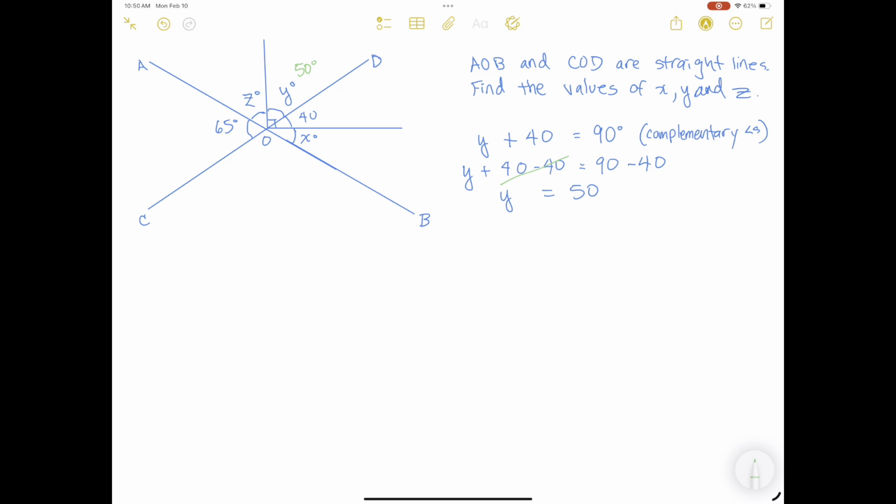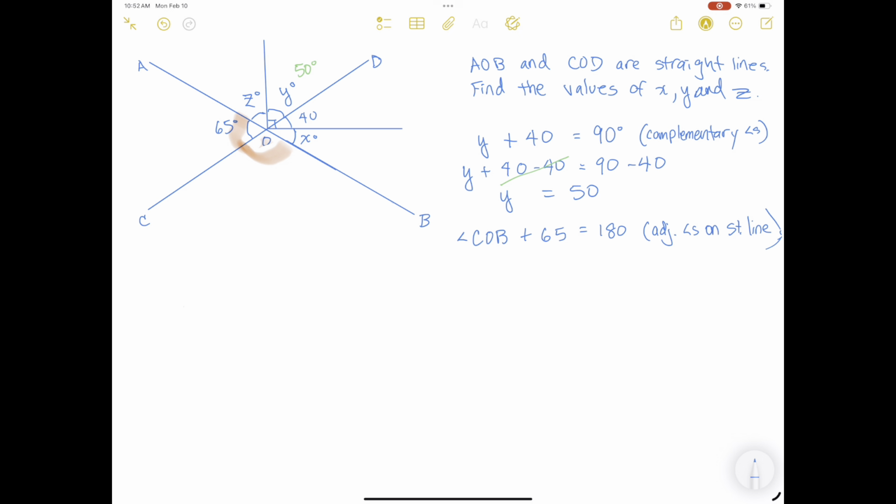Next, I notice that angle COA, which is given as 65 degrees, and angle COB are adjacent angles on a straight line, which means that angle COB plus 65 equals 180, because the sum of the adjacent angles on a straight line is 180 degrees.